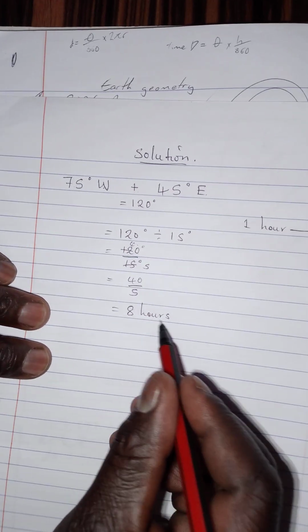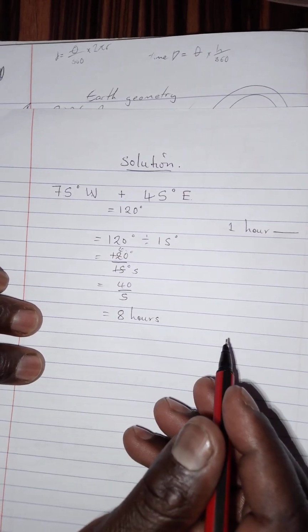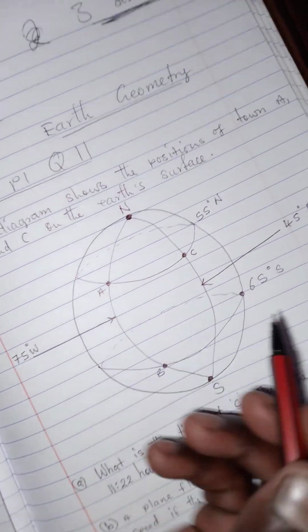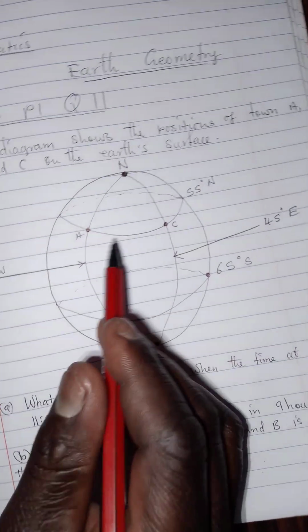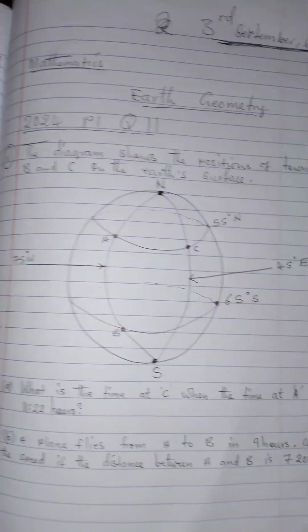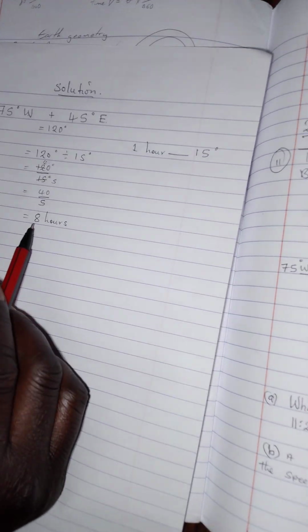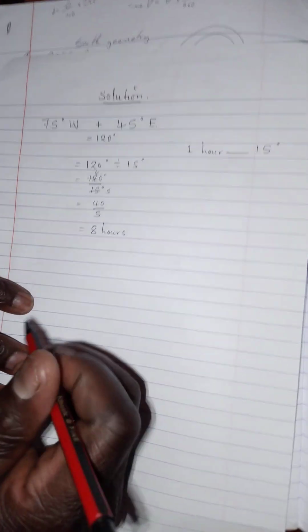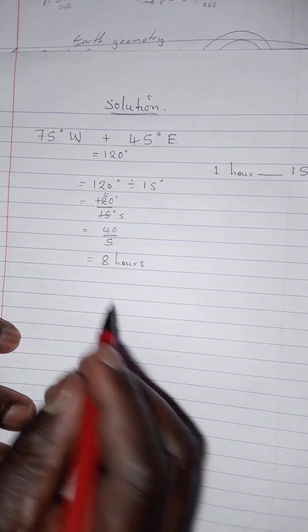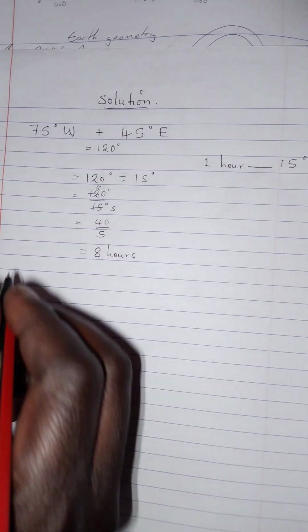The hour is 8 hours. We don't mean that when the time at A is 11:22, then the time at C is 8 hours. We need to proceed. We have not ended there. How are we going to know the time now, since we have found 8 hours?